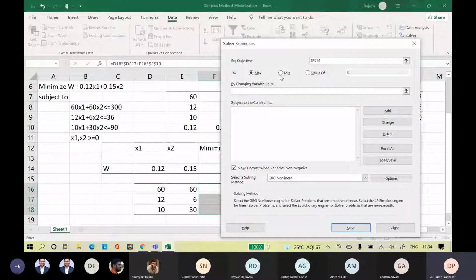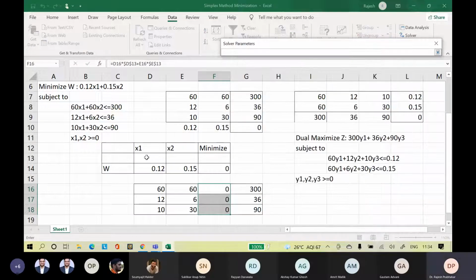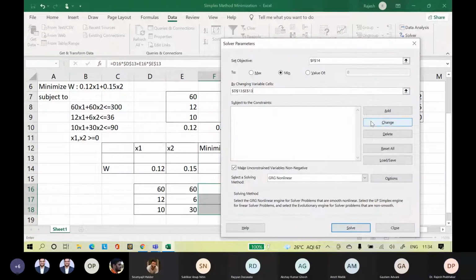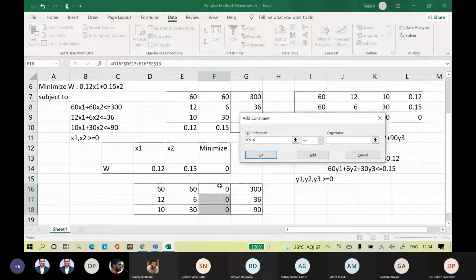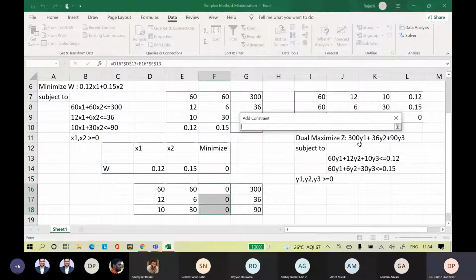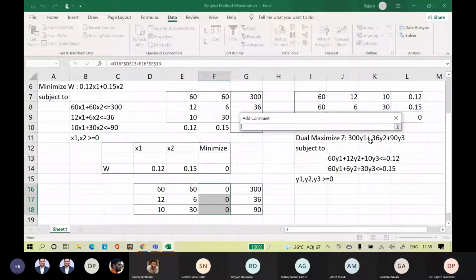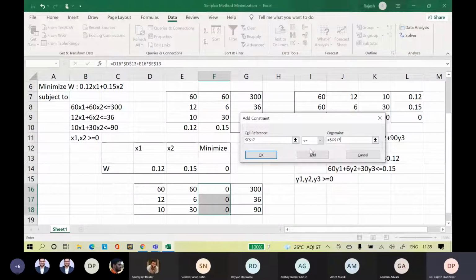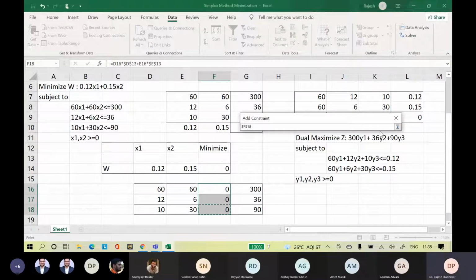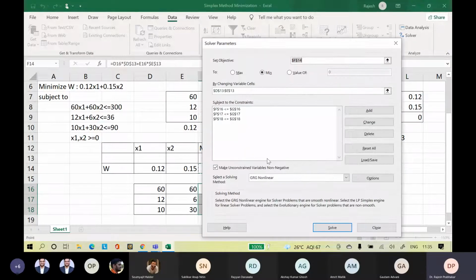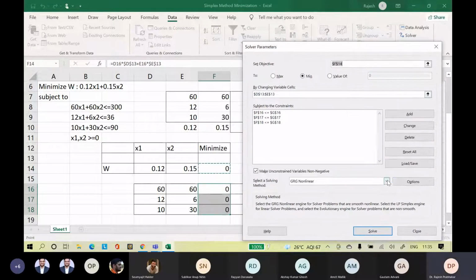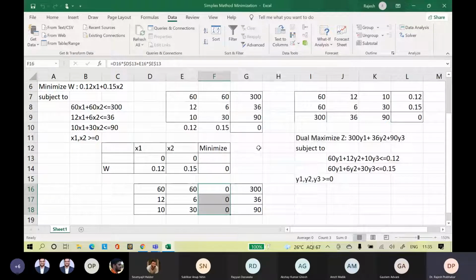Then we have to change the max to min, by adjusting these values, and add constraints. This less than equal to this, add this less than equal to this, add this less than equal to this. Click OK. And the method is Simplex LP. Solve.